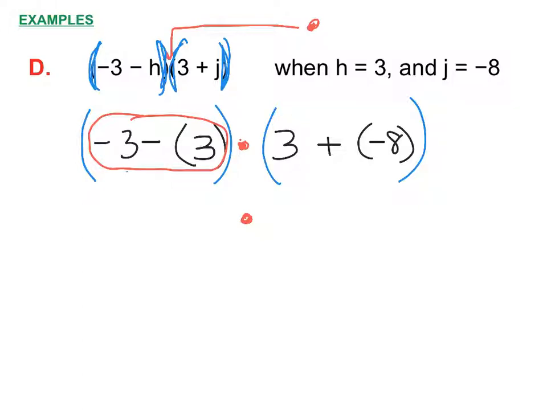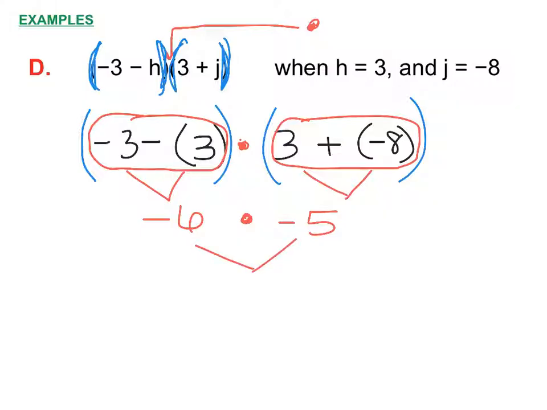So we are 6 feet, negative 6. Then our 3 plus negative 8. So we're at 3, and we're taking away 8, so we have to go over 0, so it's 3 to 0, and then we have to go 5 more. So 3 plus negative 8 is a negative 5.